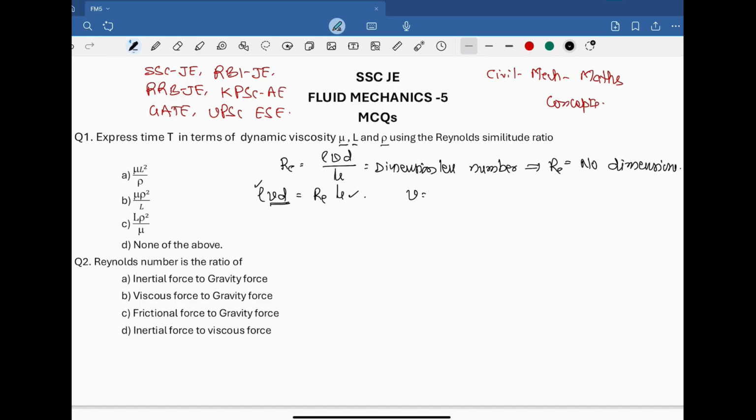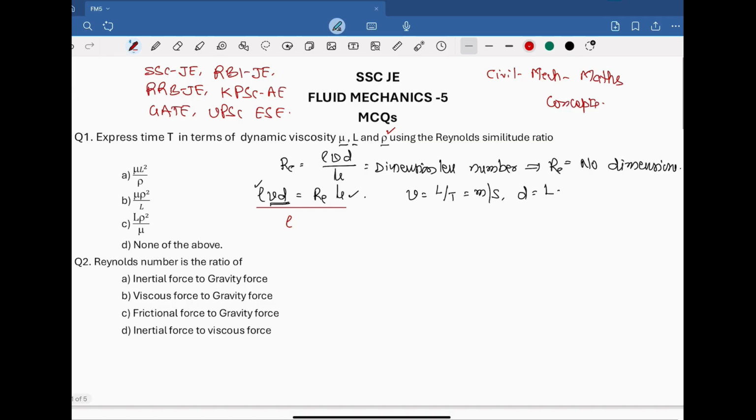V has a dimension of L by T, that is meters per second, and D is in meters, that is having a dimension of L. Hence this can be written as, please try to understand the concept. When you use the Reynolds number formula, rho is rho because I can use rho.